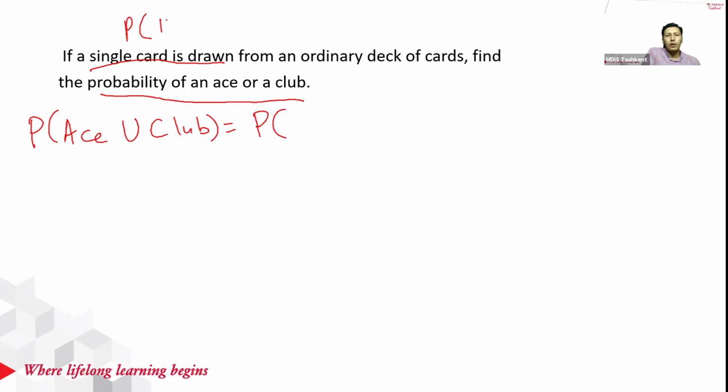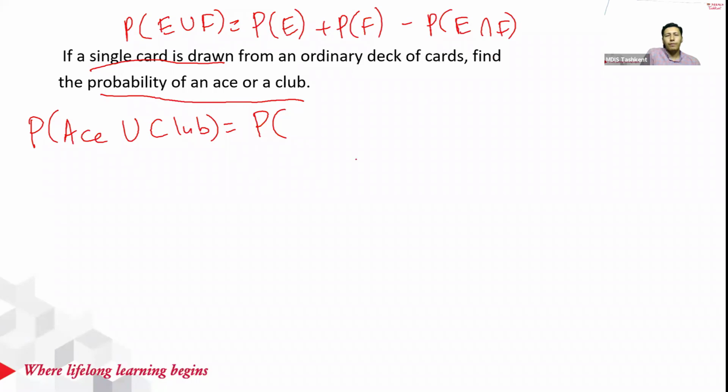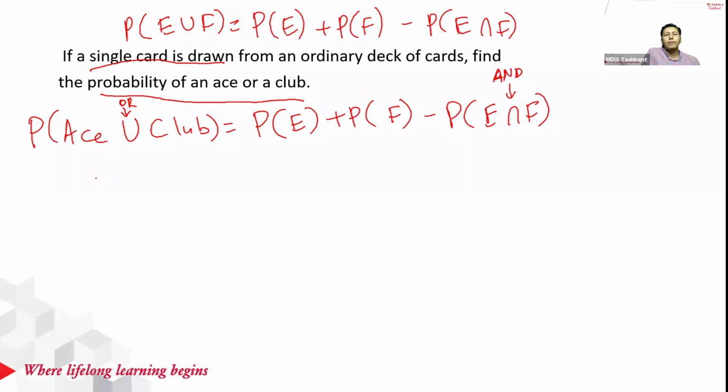P(E or F) is equal to P(E) plus P(F) minus P(E intersection F). The union is OR, and the intersection is AND. We use this union rule formula.